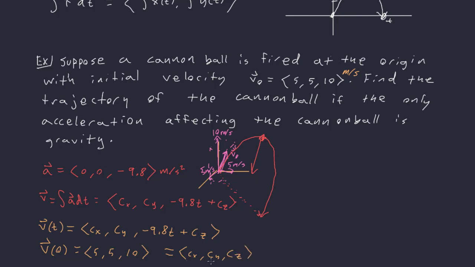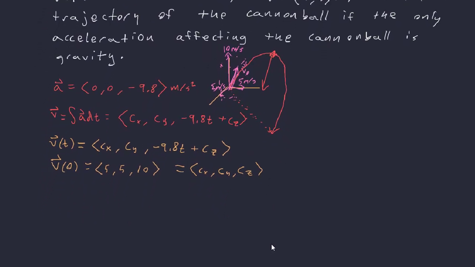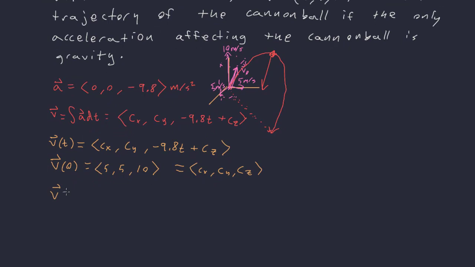Okay, so that actually tells us what our constant values are. Right? So this tells us that v of t is going to be the vector 5, 5, negative 9.8t plus 10.